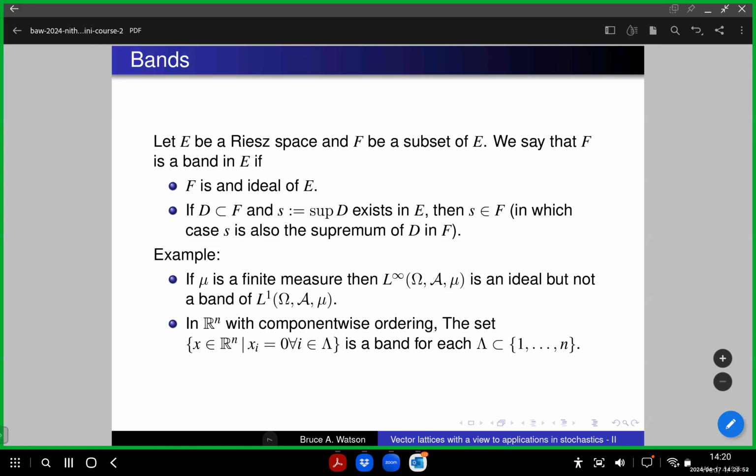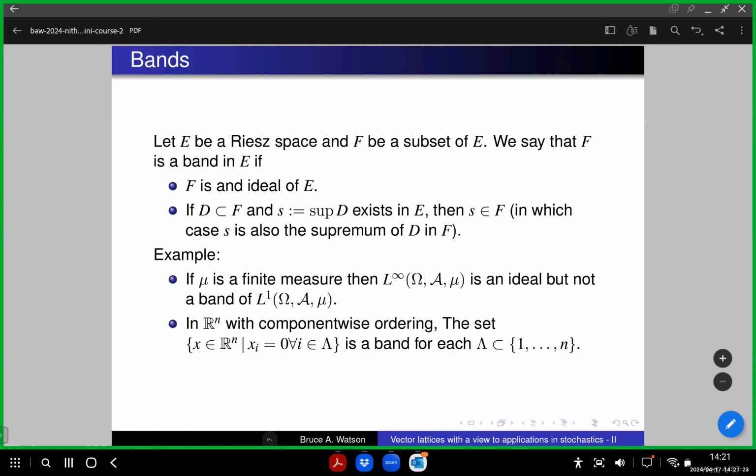Let's take non-negative L1 functions, a non-negative L1 function that's not L infinity, not essentially bounded. You can truncate that at a level n. That will put it in L infinity. And then you take the supremum of those truncations, and that will again tend pointwise to your original function.